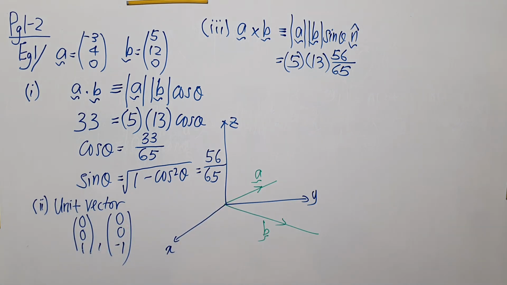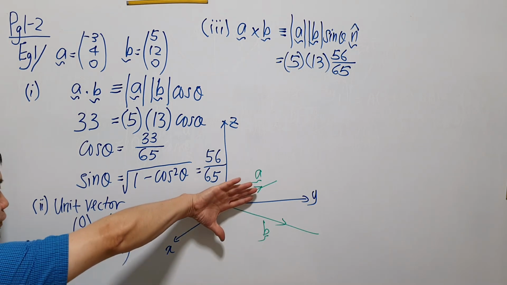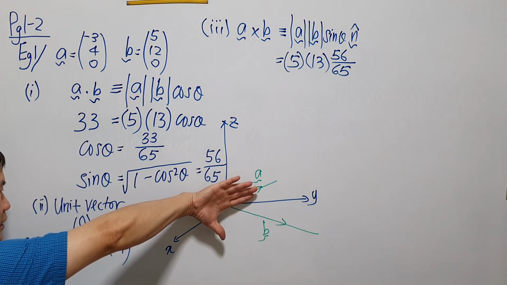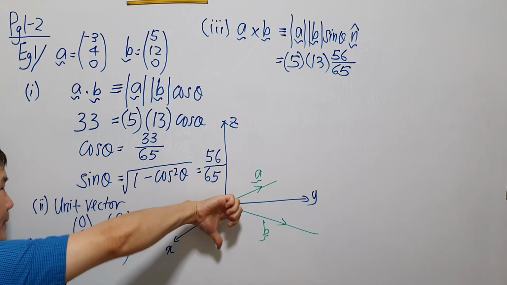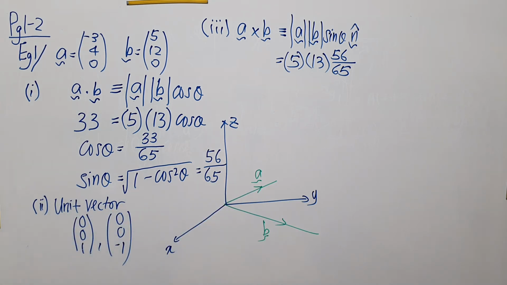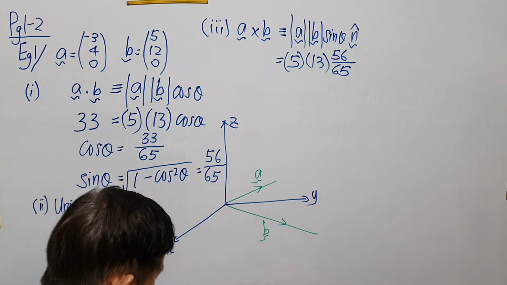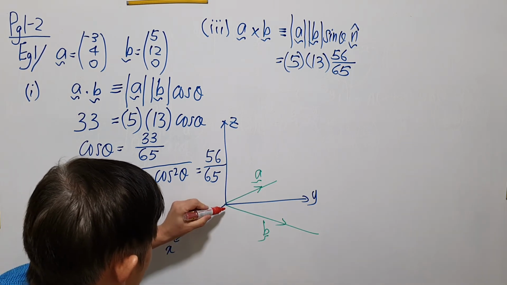Once again, cross product requires you to use the so-called right hand rule: as you cross from A to B, you curl your fingers from A towards B, and the direction of the thumb is the direction of the vector n cap. So in this case, we have to choose a vector that is coming downwards, like this.